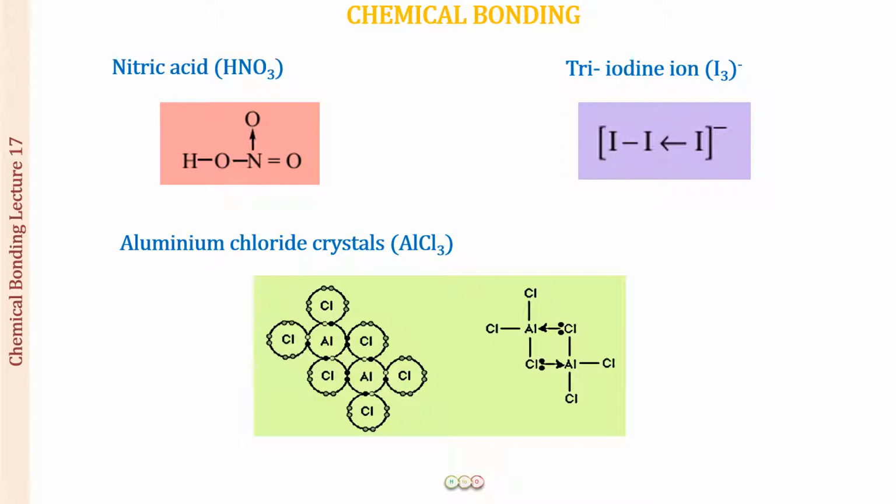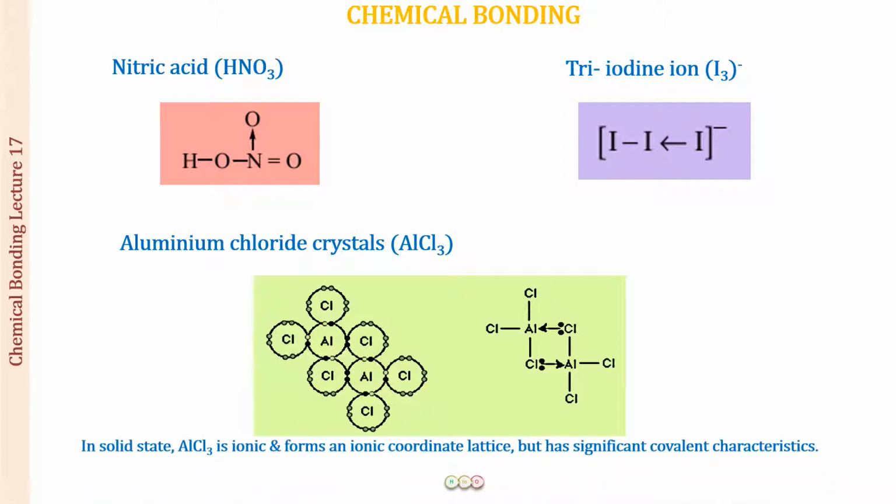What we are getting is a crystal formed in case of aluminium chloride. The solid state aluminium chloride, therefore this is ionic. It forms the ionic coordinate lattice, but it has significant covalent characteristics. Okay, so what we are seeing is this crystal lattice type of a thing which is being formed in the case of aluminium chloride.